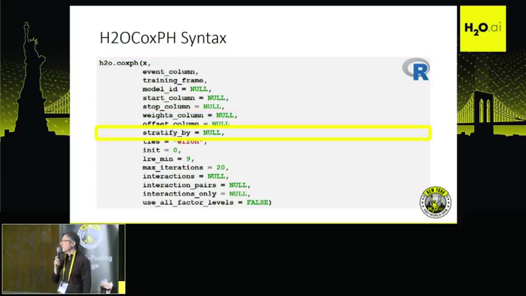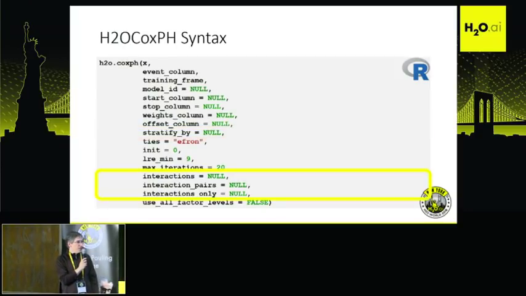Another piece that is a big part of the Cox proportional hazards model, as I mentioned, is the proportional hazards assumption. And in order to deal with that, sometimes what you do is use stratification variables, and you can specify one or more stratification variables. And then the last piece is the interaction effects.